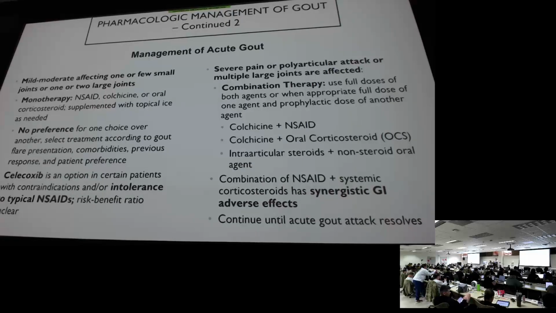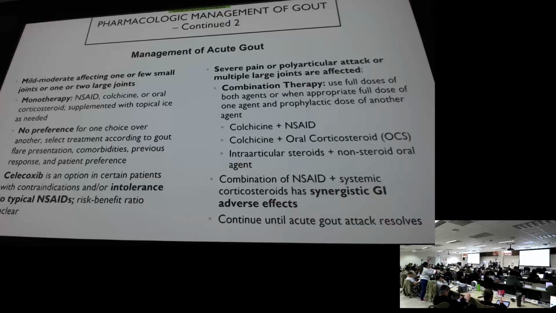What it does, and we'll talk about it on the next slide, is basically inhibit neutrophil migration to the area of inflammation. Not an NSAID. And it has some specific dosing. But the take-home point is combination therapy for severe pain or multiple joints. We're going to talk about colchicine side effects.